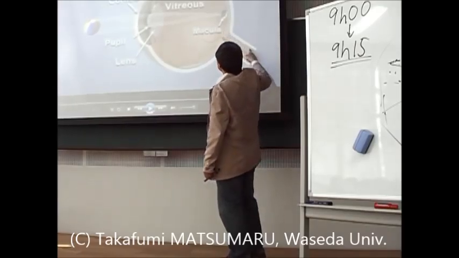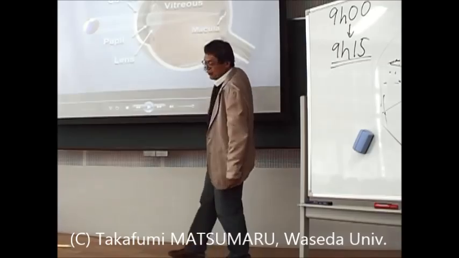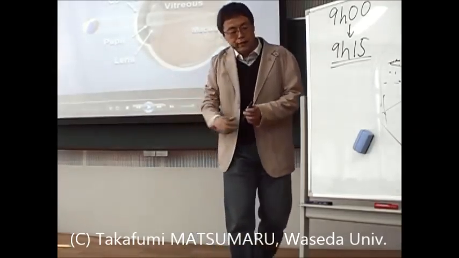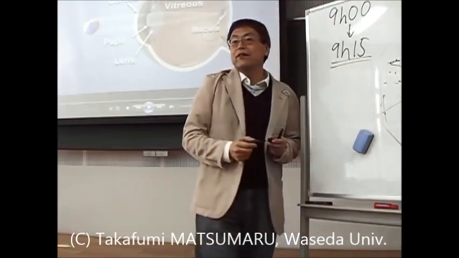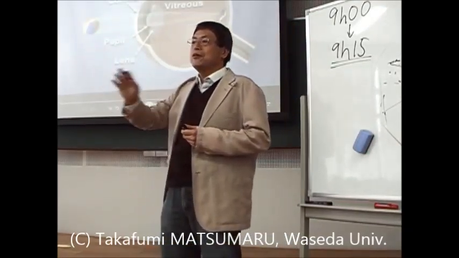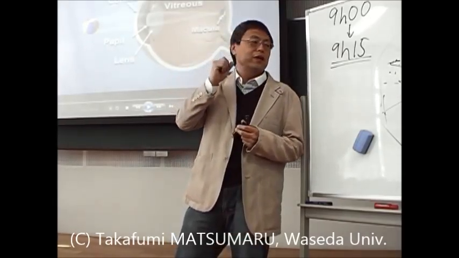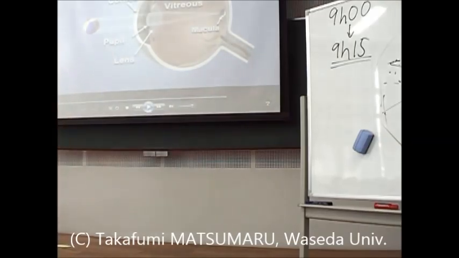This nerve bundle goes to the brain. So maybe you can see everything, but only some part we cannot see. Okay. Yes, it is explained.